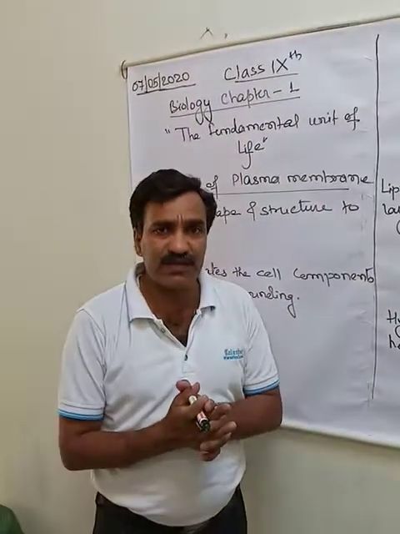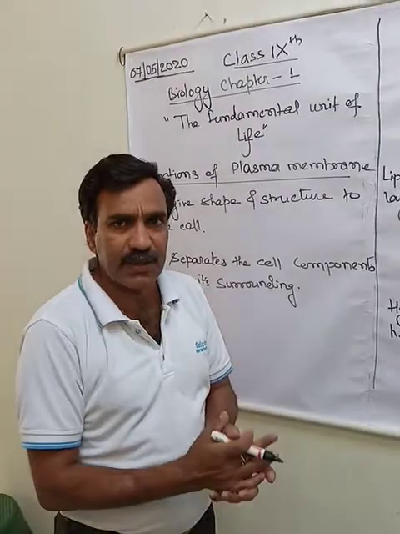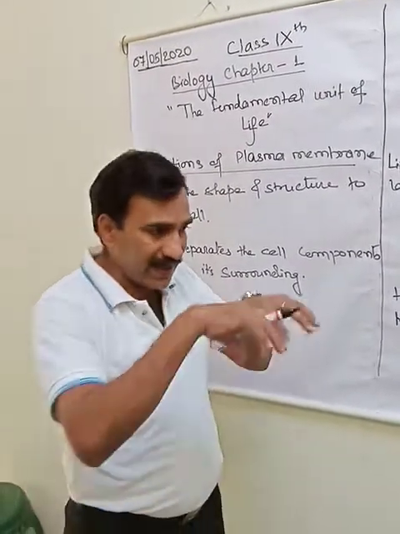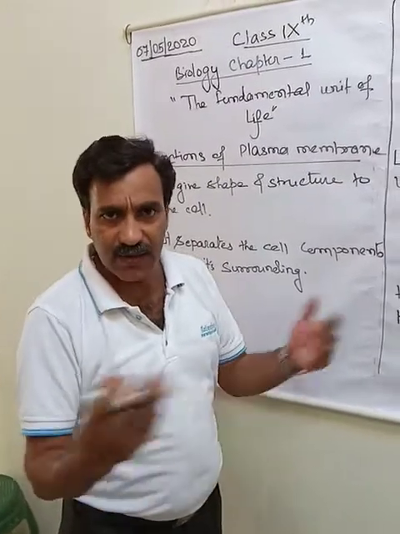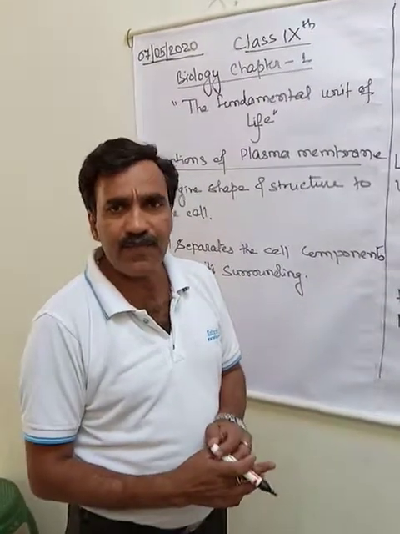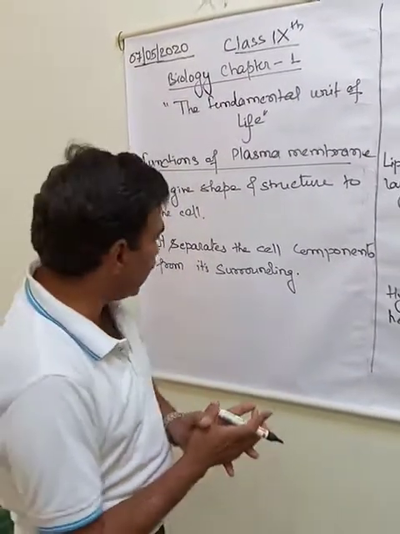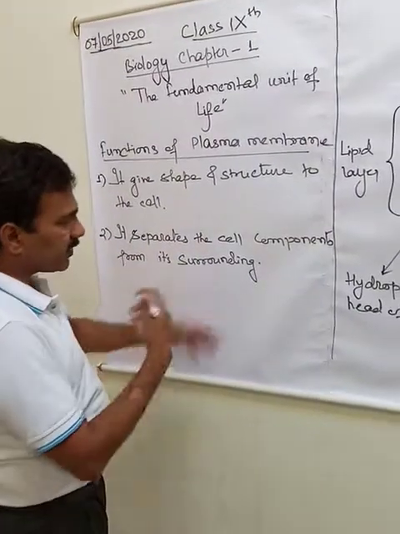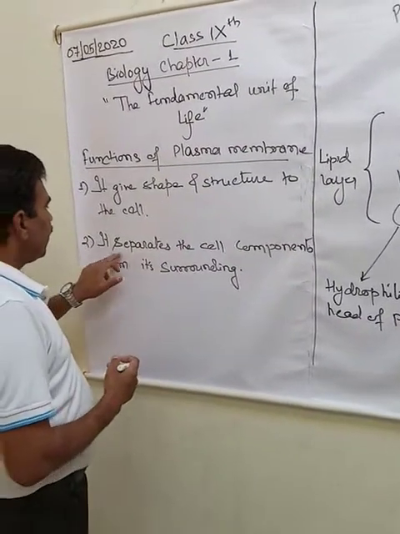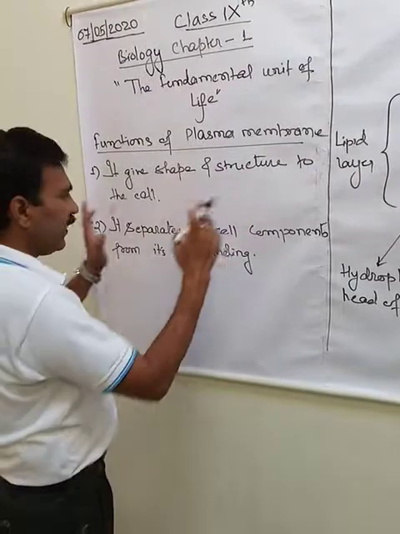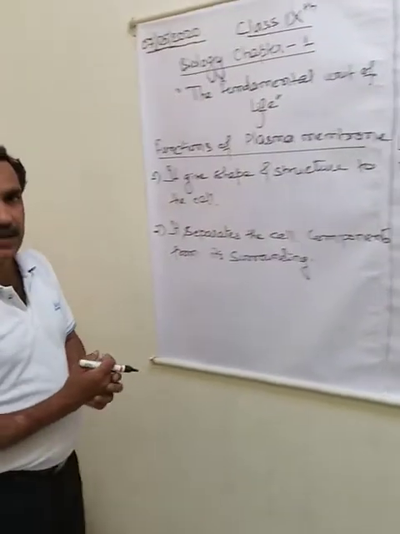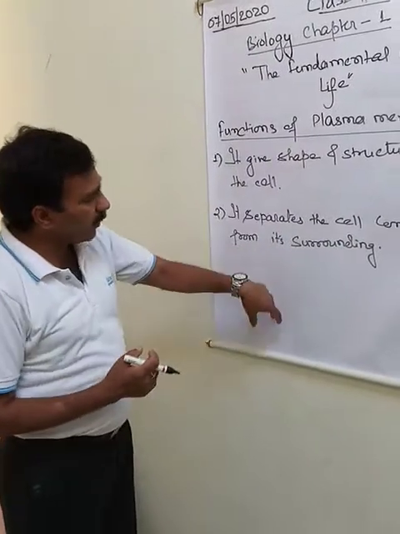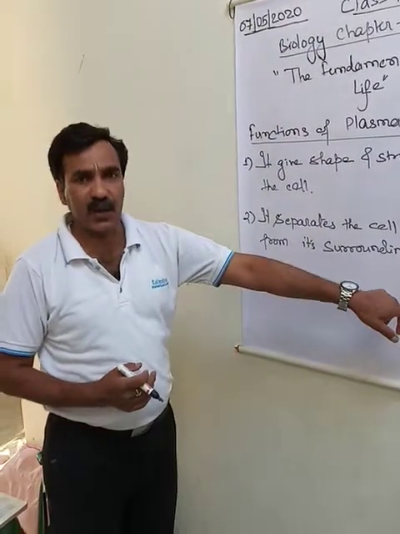If there was no plasma membrane, then the outside substances of a cell and the inside components of the cell would have intermixed, and this would lead to the death of the cell. So to protect it from this type of intermixing of substances, it provides a partition which separates the components of the cell from its surrounding.